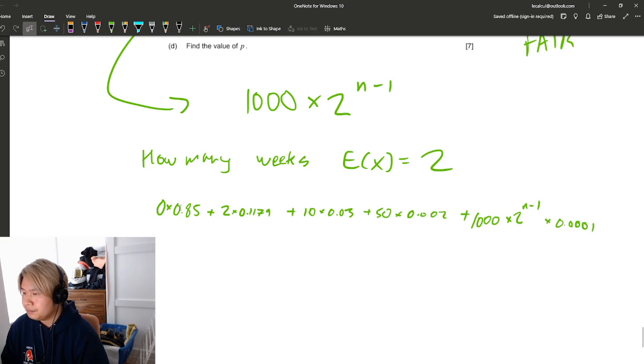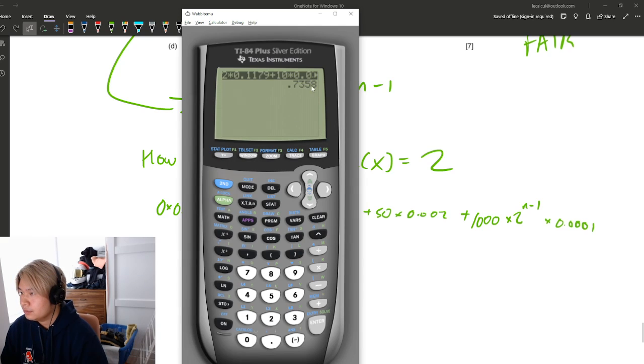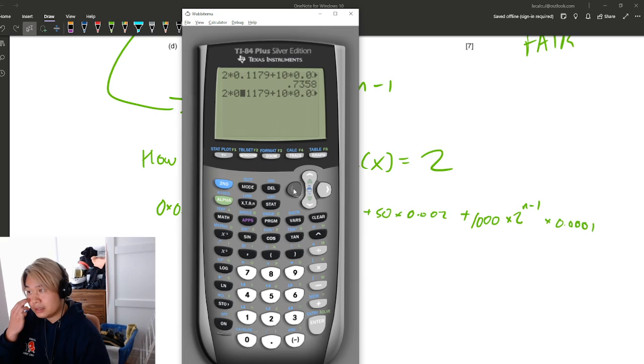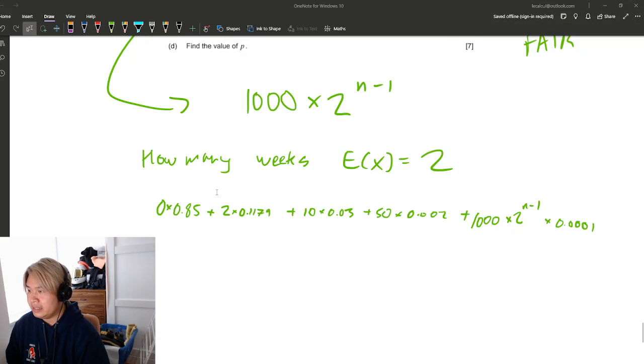Okay. I'm gonna just simplify this a tiny bit. I'm gonna add together these 3 terms, and I can multiply 1,000 with this decimal, which is 10,000. So let me go back to here, and then I'm going to just delete this. Okay, so I'm just adding up the first 3 terms of the expected value, these 3.